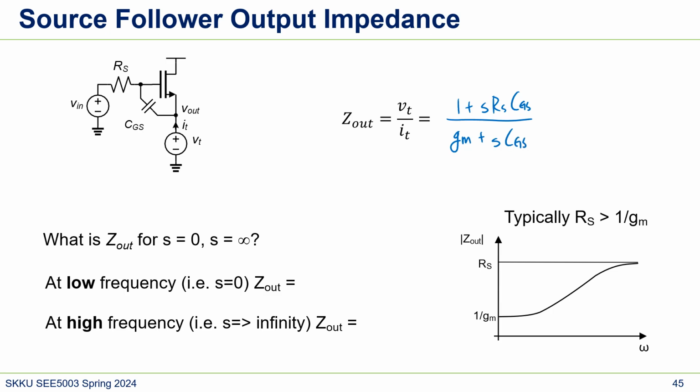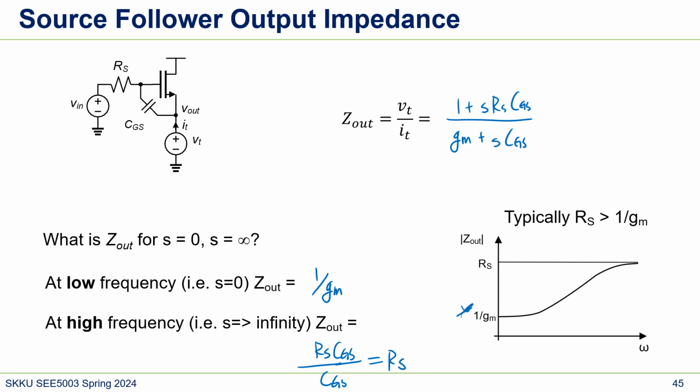So at low frequency, which means S is 0, then it will be 1 over GM, right? Because these two are removed. And at high frequency, let's say infinity, which means S goes to infinity, the Z out would be RS SCGS over SCGS, which is RS.